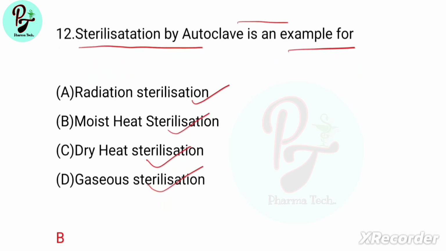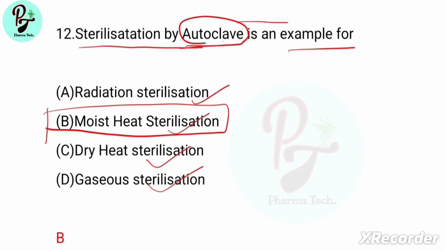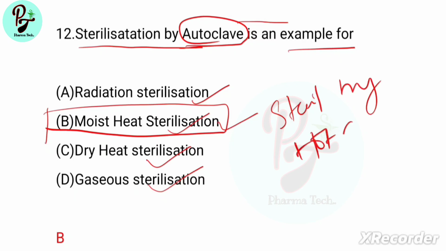Answer is B, moist heat sterilization. Sterilization by autoclave is an example of moist heat sterilization, and sterilization by hot air oven is an example of dry heat sterilization.